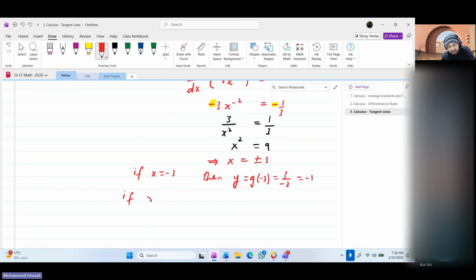If x is equal to 3, then y is equal to g of 3, which is 3 over 3, which is equal to +1.